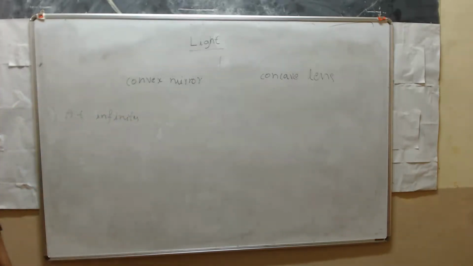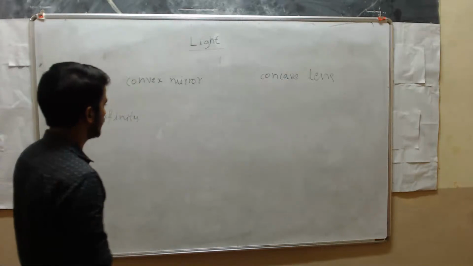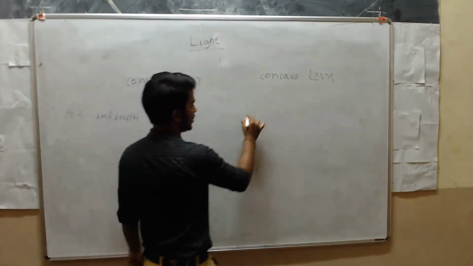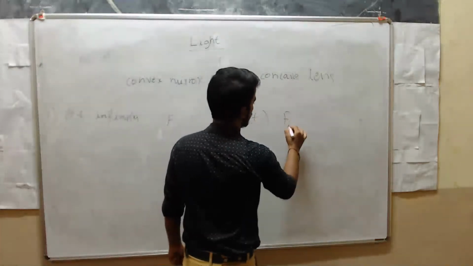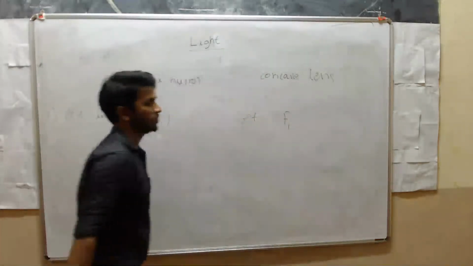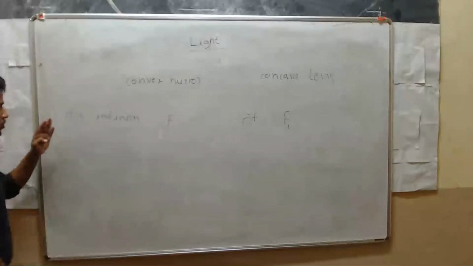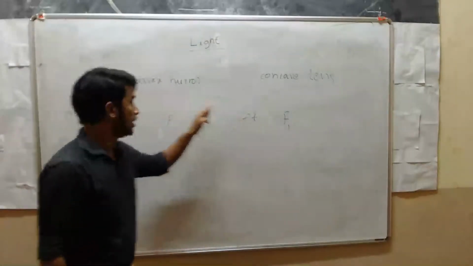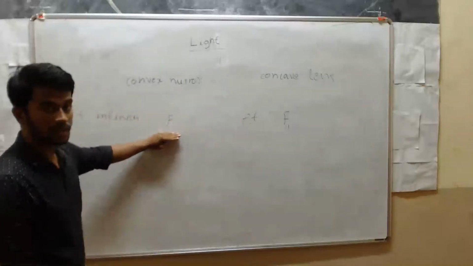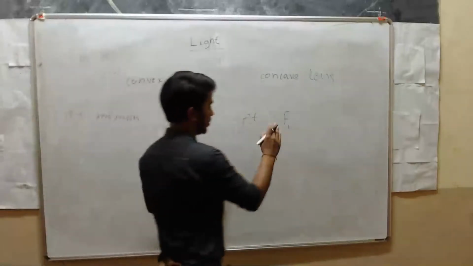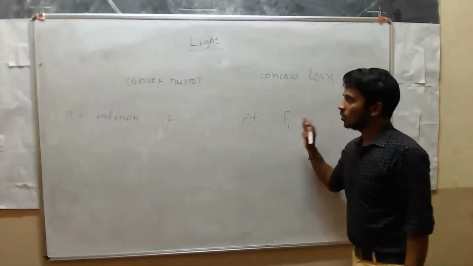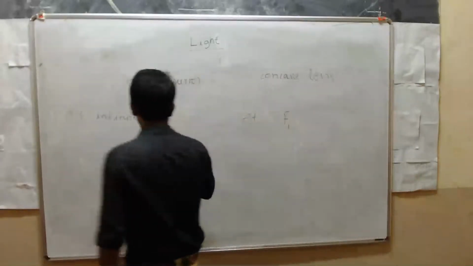So here we got the image at principal focus, and here also at principal focus 1. Here the position of the object is at infinity, and here also at infinity. Here the position of the image is at the principal focus, and in the concave lens the position of the image is at principal focus 1.